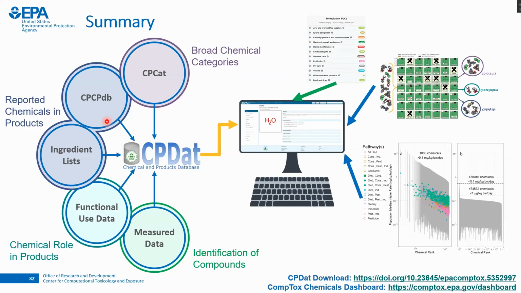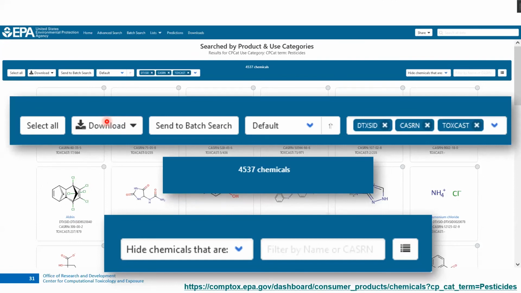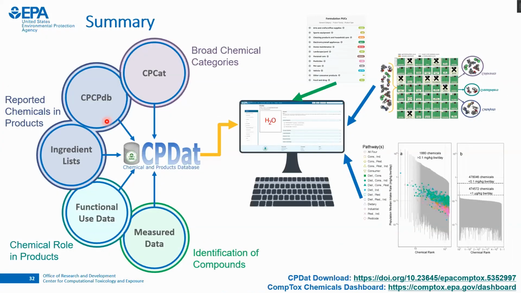So that really is a very quick description of how you would go and access the data. I just want to leave you with a quick summary slide that shows we have this information for thousands of chemicals and how they're used in different products, how they're used in different sectors, and what measured data we have on them.